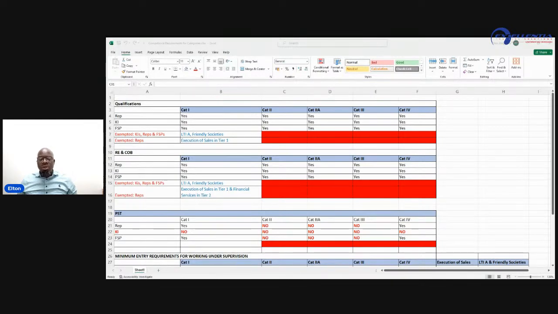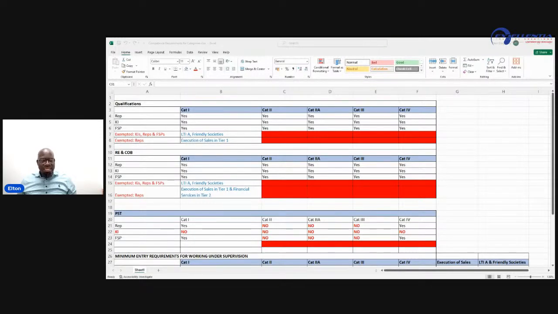So I'm going to start with qualifications. Here I show you that the different qualifications will apply differently to different role players. So these requirements will apply differently to different role players. For example, qualifications will apply to all categories.